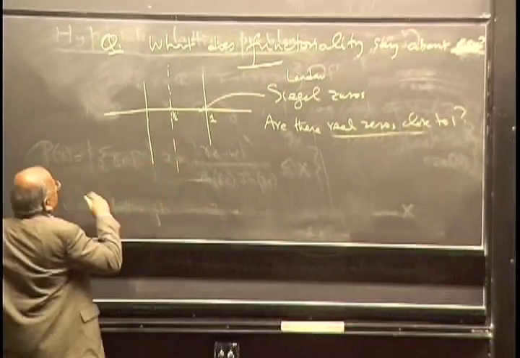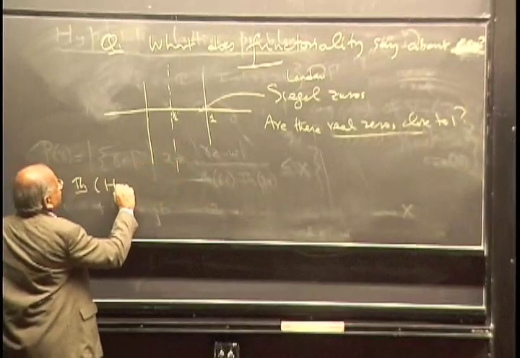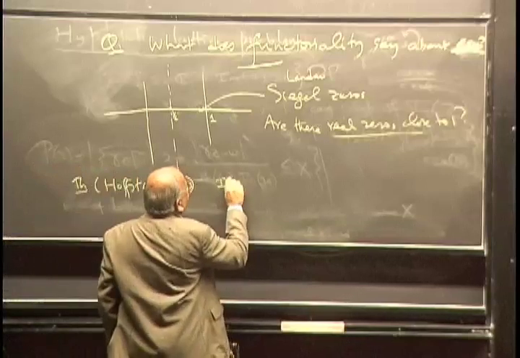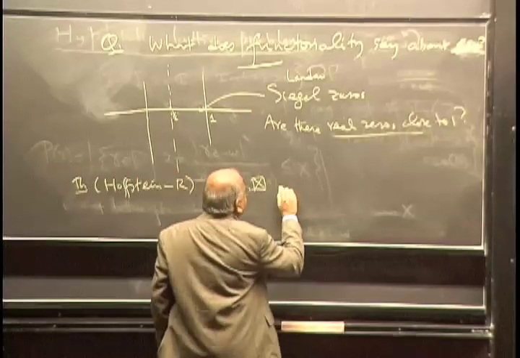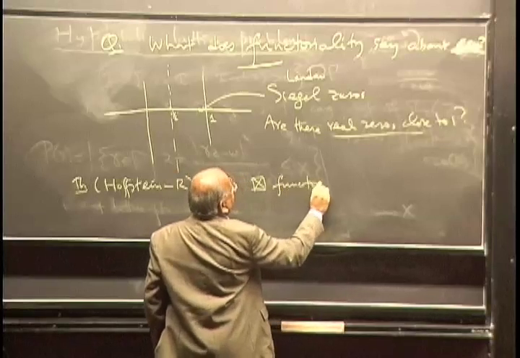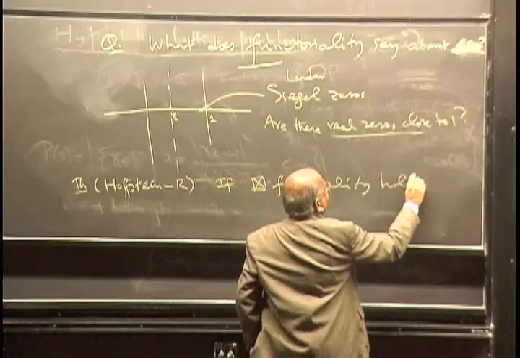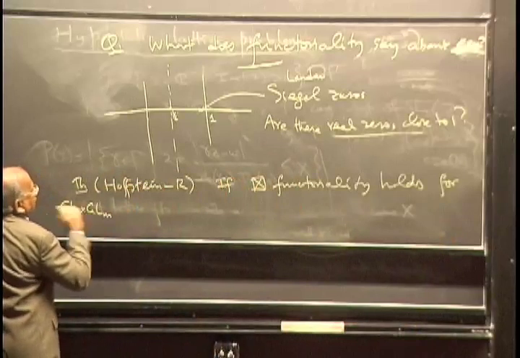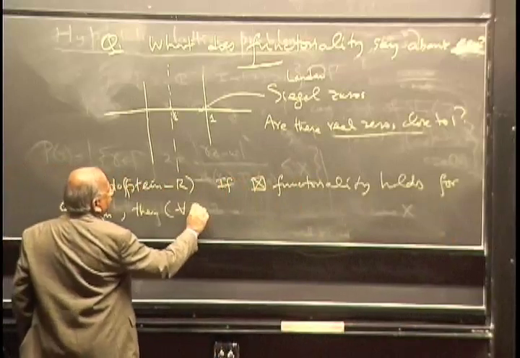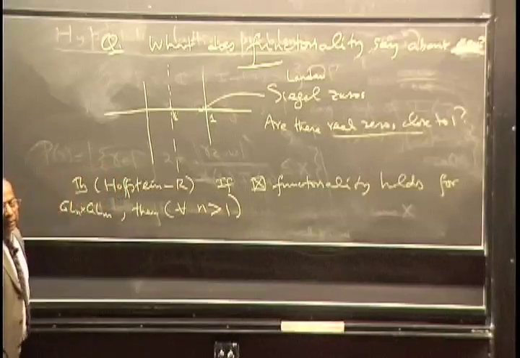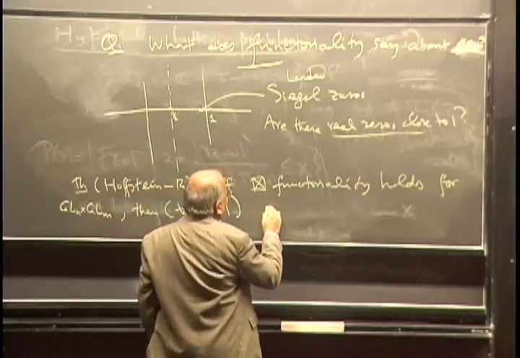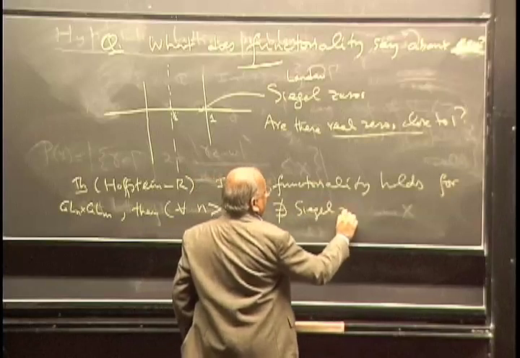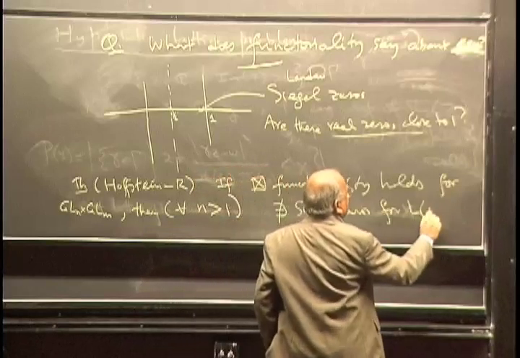What Jeff Hoffstein and I proved is that if the tensor product Functoriality holds for GL_n cross GL_n, then for every n greater than 1, this is kind of a strange thing, there exists no Siegel zeros for L(s, pi).